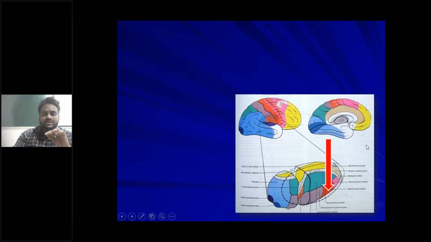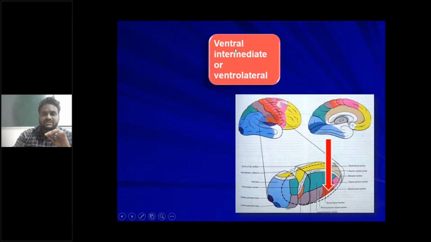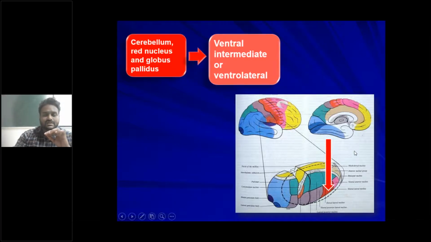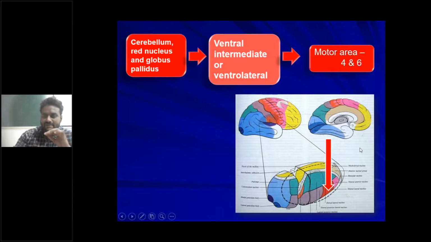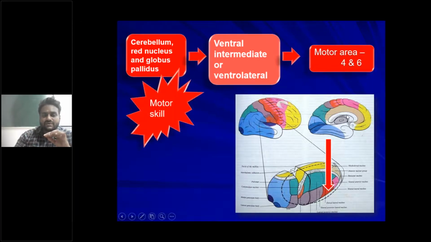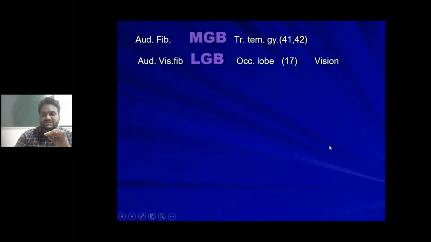And the third nucleus is the ventro-intermediate or ventrolateral nucleus, a very, very important nucleus concerned with coordination movements, motor skills. It has fibers from the cerebellum. These fibers are named dentatothalamic fibers, and also from the red nucleus of the midbrain and globus pallidus from the basal ganglia. Efferent fibers go to the motor area, that is the precentral gyrus, primary motor area. So the function of this nucleus is motor skills.